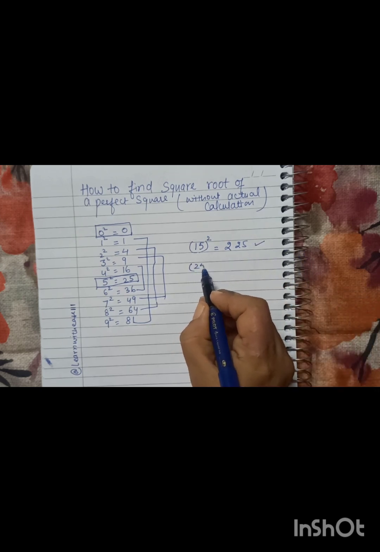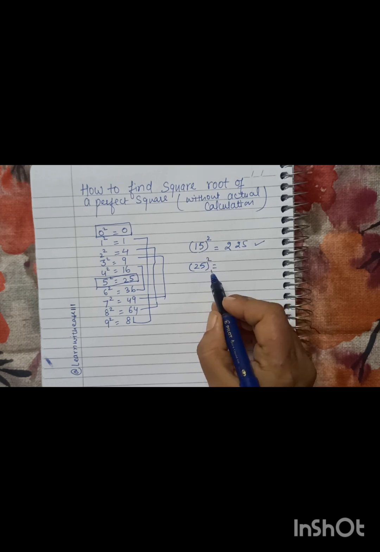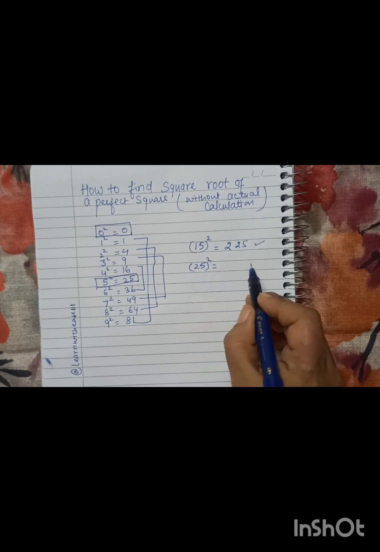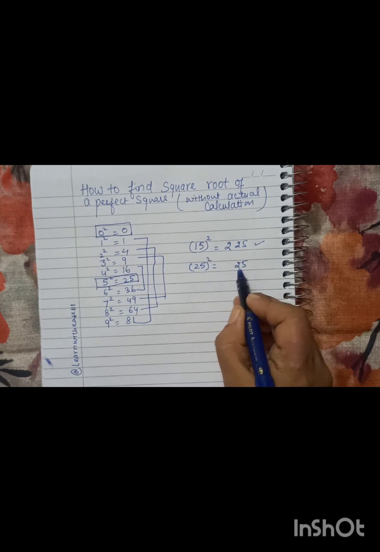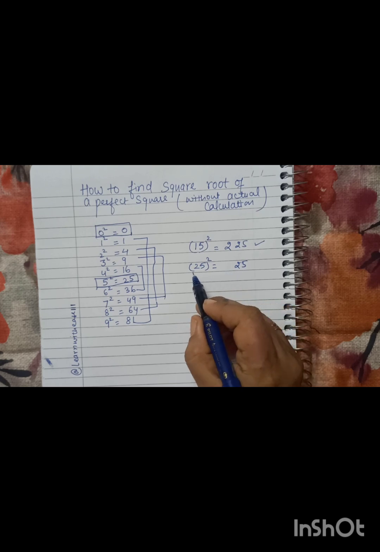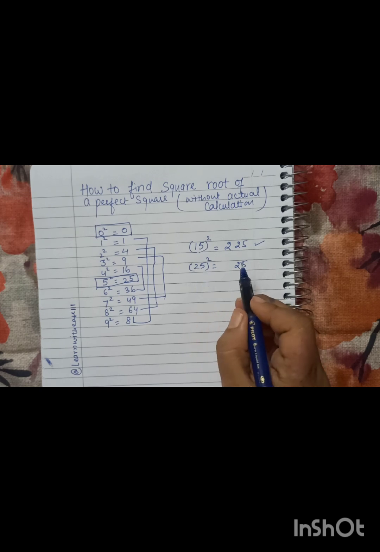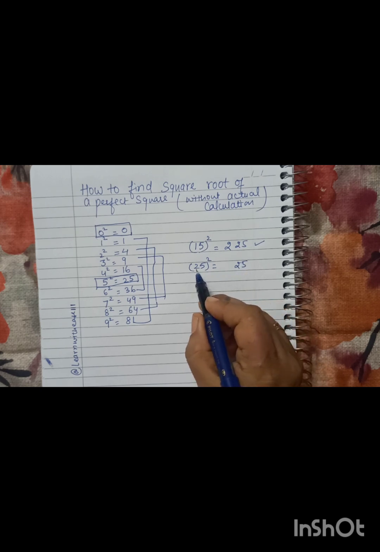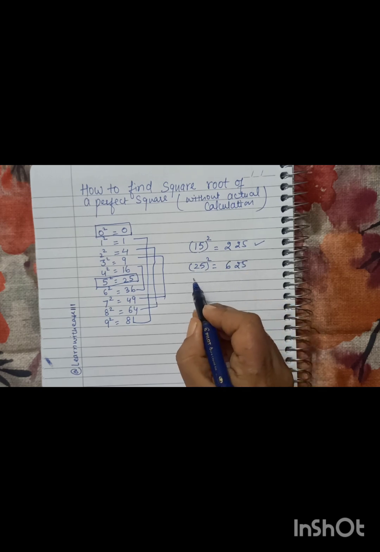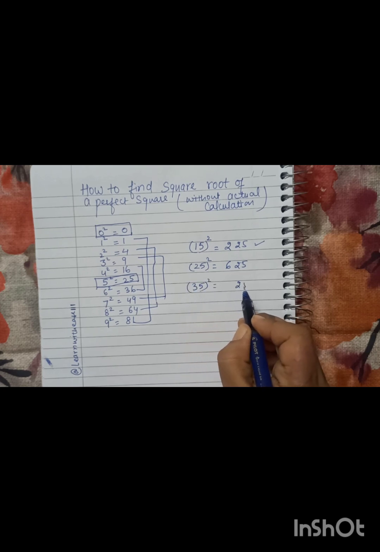And then 25 whole square will be likewise 5 square 25, and here I shall be writing 2 into 3, the digit at tens place multiplied by one digit greater than that. 2 into 3, 6. 35 square will be 25.